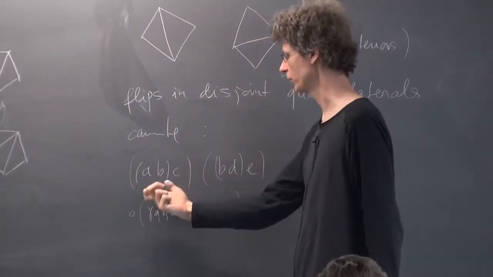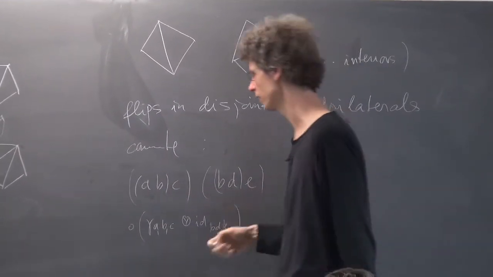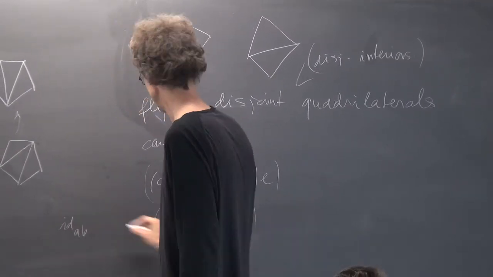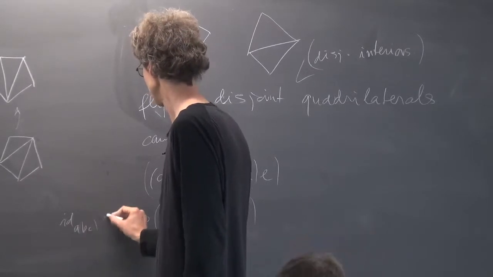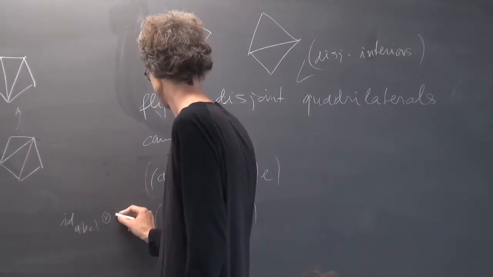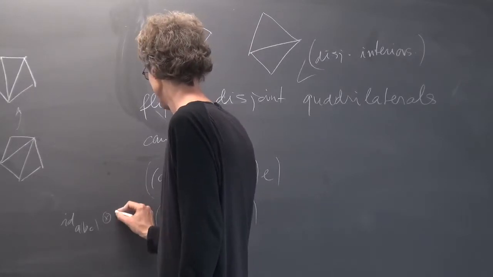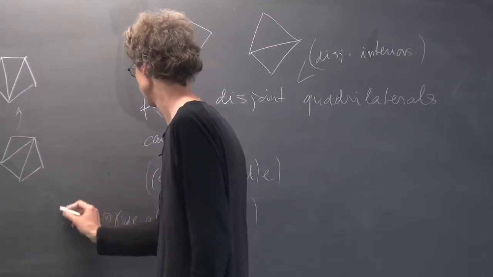So what I would do is keep identity here and tensor it with this guy. So it's like identity of A, B, C, whatever the thing is, tensored with gamma B, D, E.